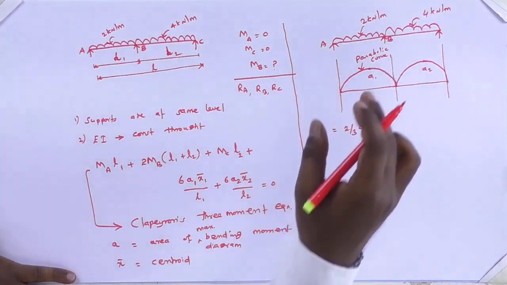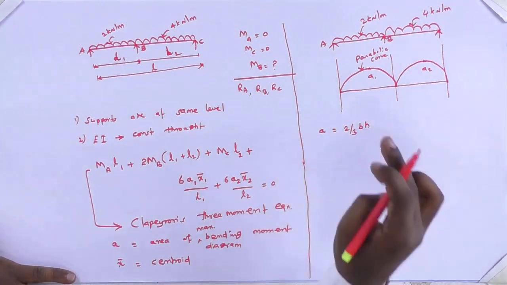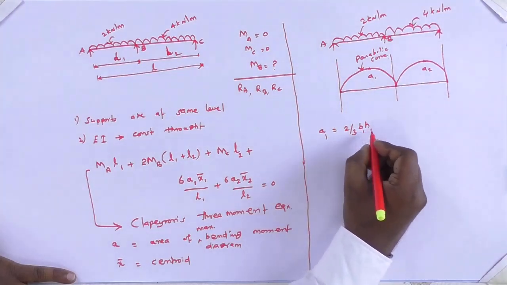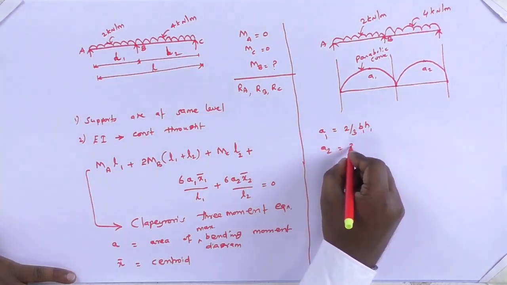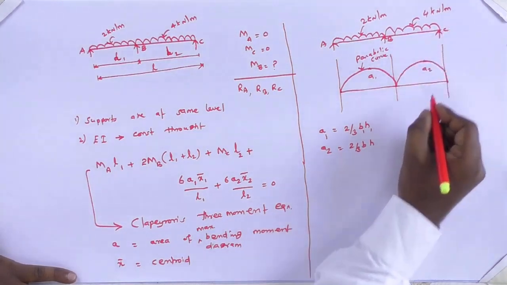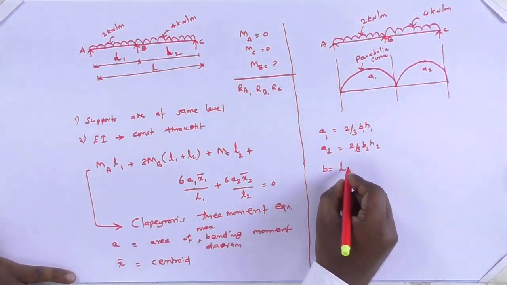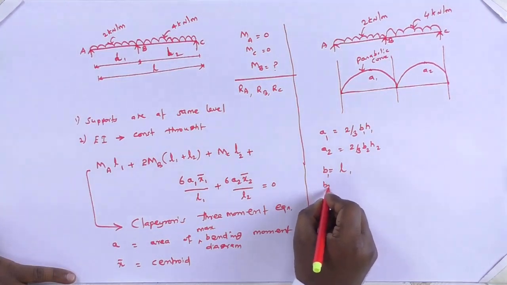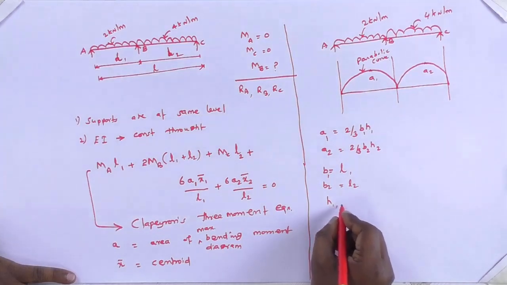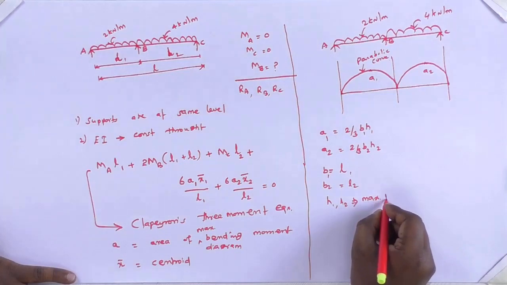So finally for this geometry I am getting the area value as 2 by 3rd of B into H. If it is A1, it is B1 into H1. For the second region, BC region, it is B2 into H2. So here B1 equal to L1, B2 equal to L2, and H1 and H2 are the maximum bending moment values.